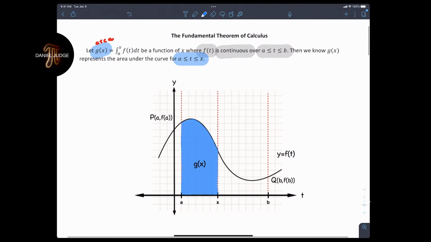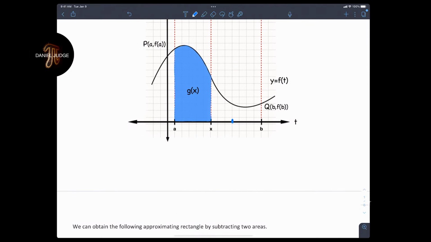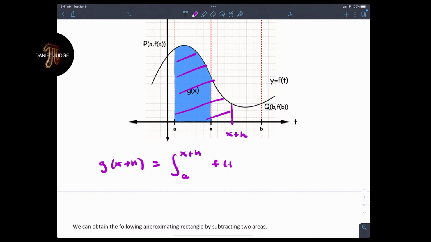Now, since g is defined this way, I'm going to go to another location here, and maybe we'll color it purple. I'm going to add some distance h. And this purple area that I'm going to describe now will be g of x plus h. And it's going to be from a to x plus h now, of that same function f of t dt.